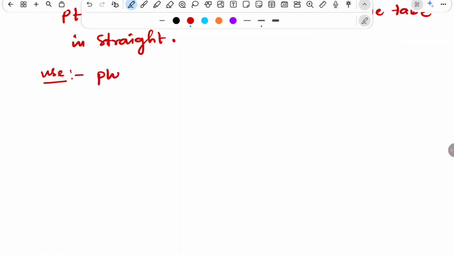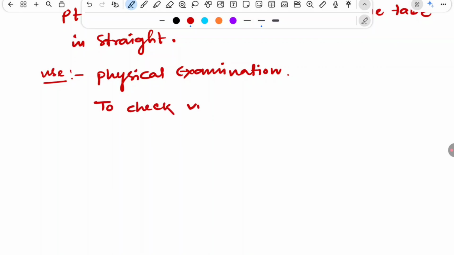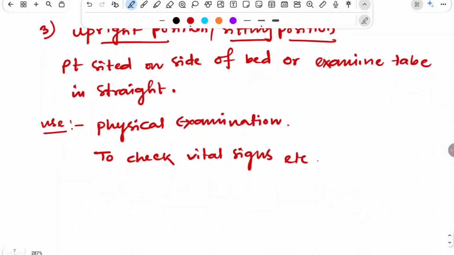Uses: physical examination time. Next, to check vital signs, etc. In this time we can use the upright position.